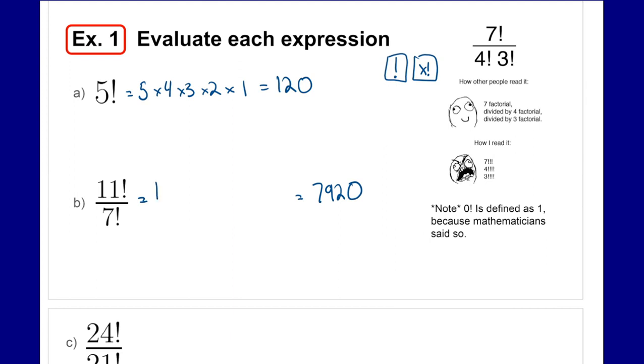So 11 factorial, we'll do the long way: 11 times 10 times 9 times 8 times 7 times 6 times 5 times 4 times 3 times 2 times 1. Let's move this down a bit.